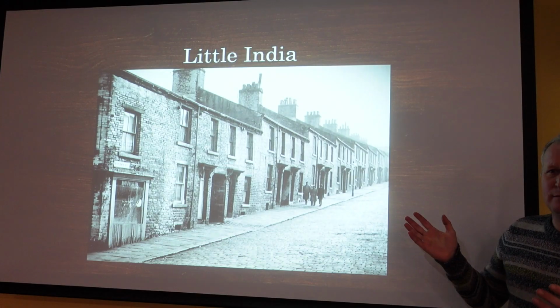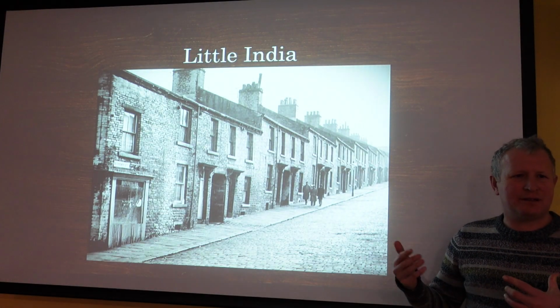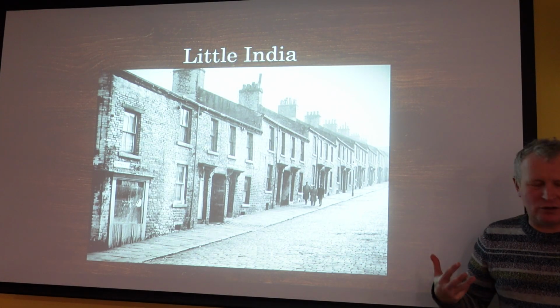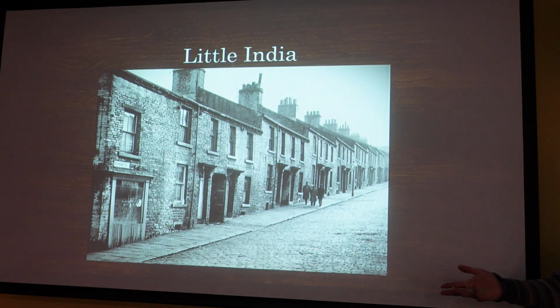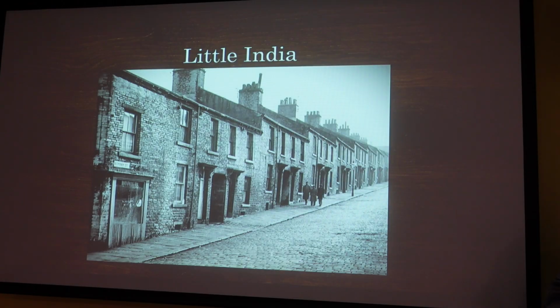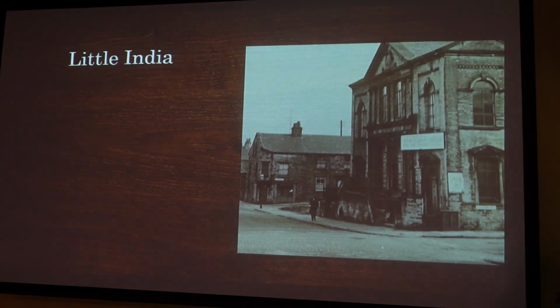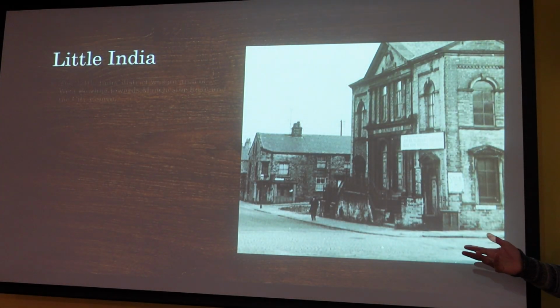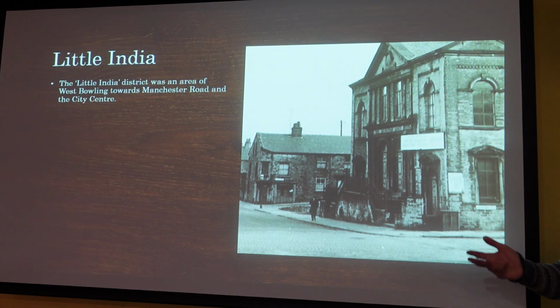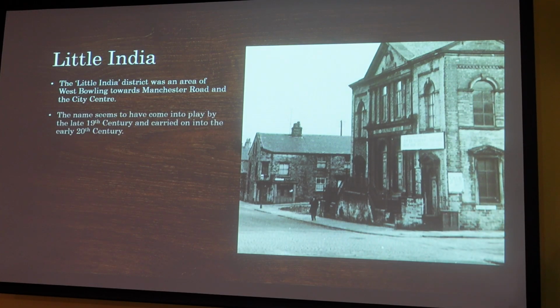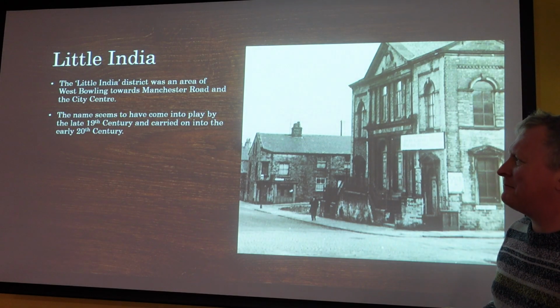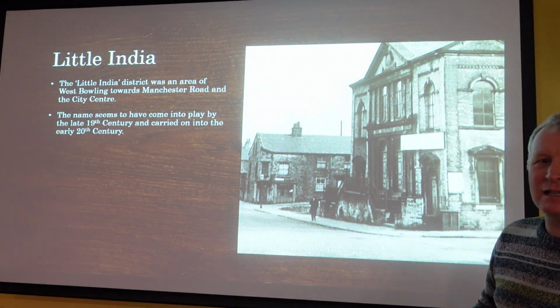Well, arguably this isn't city centre, it's sort of out of city centre. Again, it is an area where the name has fallen out of use, although there has been a lot of change in the area. Is that on Bay Street? Yes. It was really an area of West Bowling towards Manchester Road and towards the city centre, outside the city centre. The name came into play by the late 19th century.